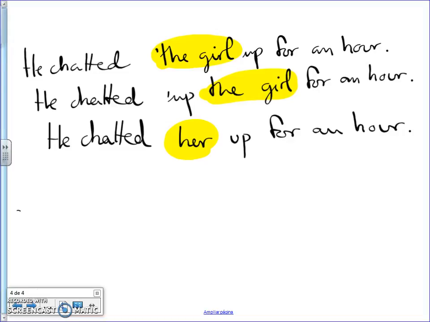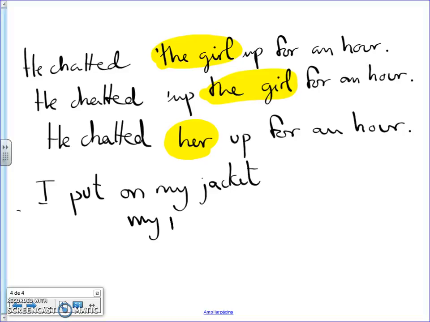Another example of this type of phrasal verb is I put on my jacket. I put my jacket on. Or I put it on. So my jacket can be after the particle or between the verb and the particle, but the pronoun it can only be in the middle.